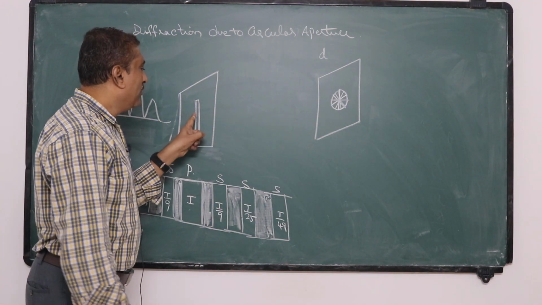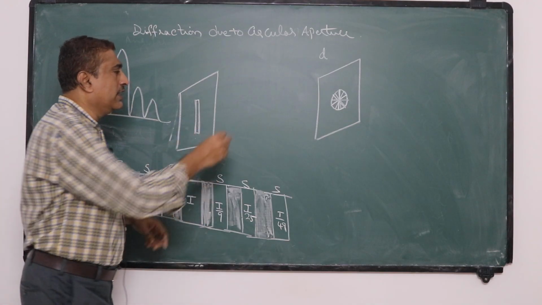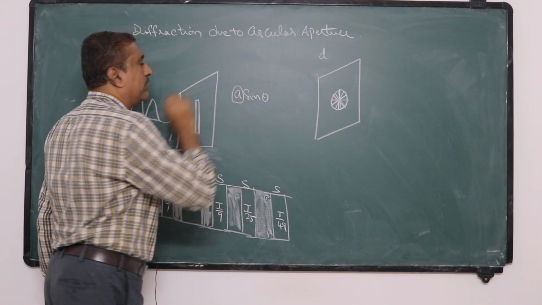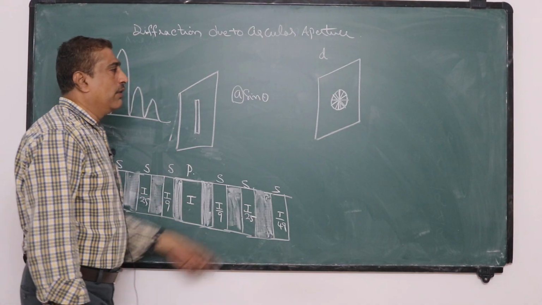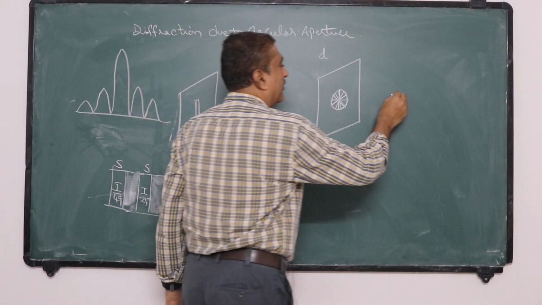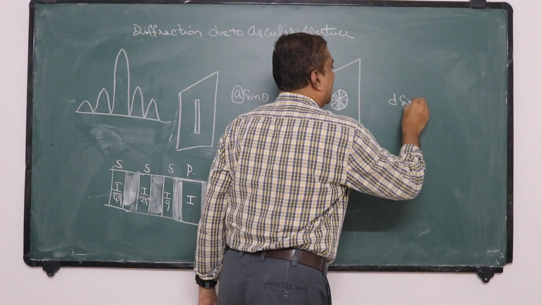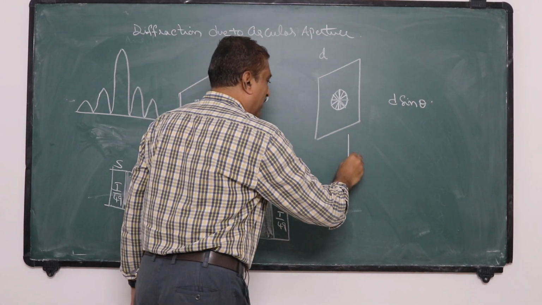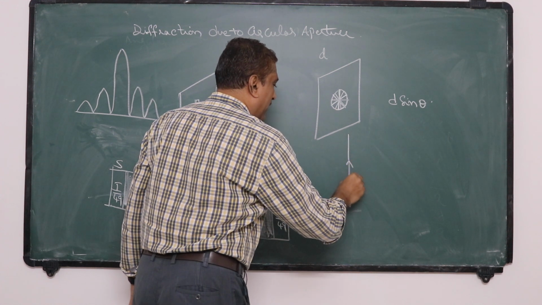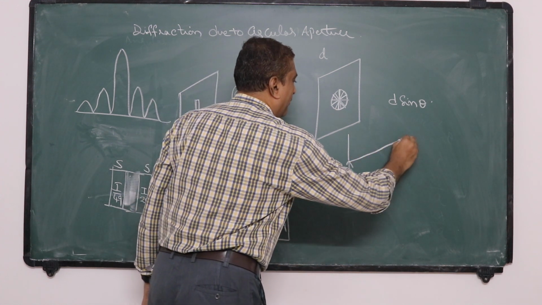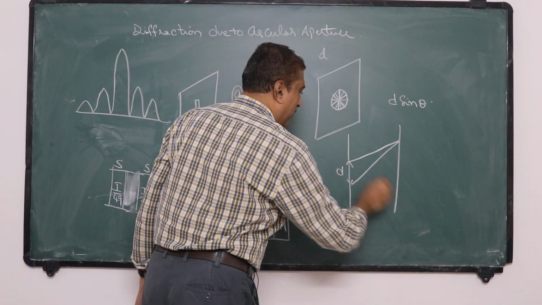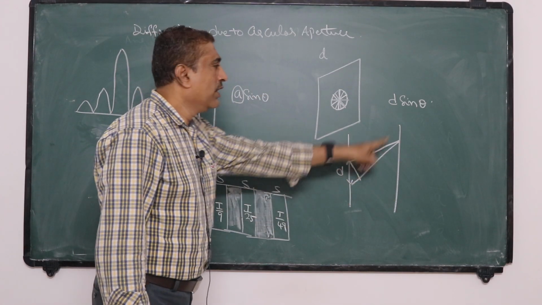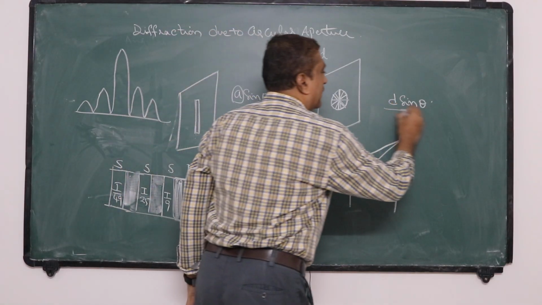Here we assumed that the path difference is a sine theta, where a is the width of the slit. Now here the path difference we take as d sine theta. Similar analysis only. Suppose d is the diameter of that circular aperture, we can have the same theory, and this equals d sine theta. So d sine theta is the path difference.